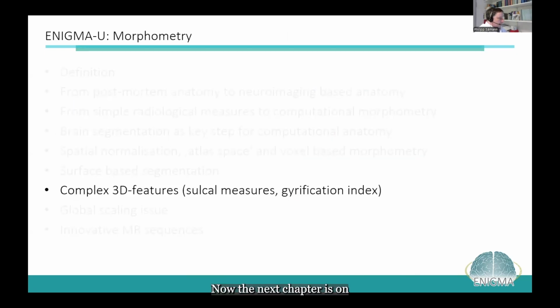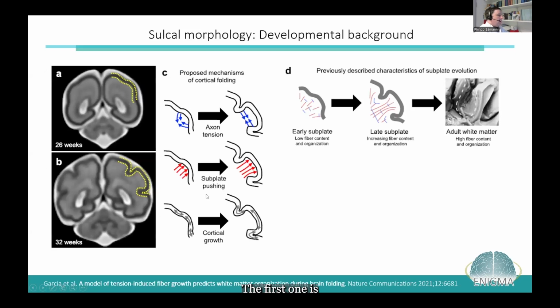Now the next chapter is on two sets of features that are more complex three-dimensional features. The first one is based on the morphology of the sulci. The sulci are formed during the embryological and fetal development, and there are several forces driving this.